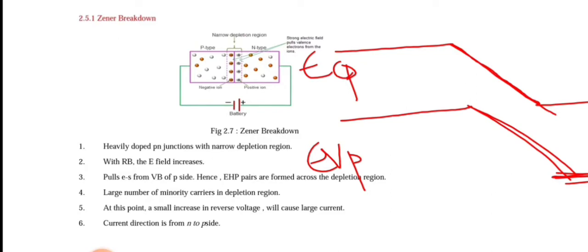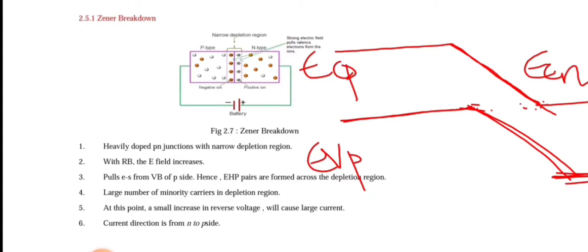So the conduction band of the N side and the valence band of the P side will be nearly opposite to each other. Okay. So a process known as electron tunneling will happen.